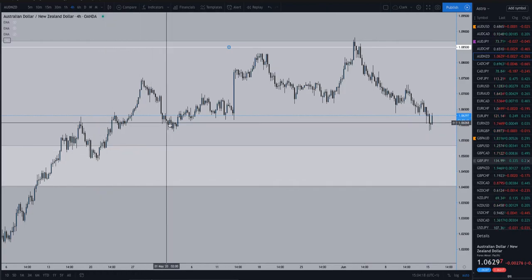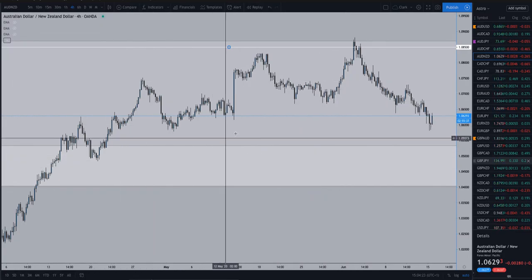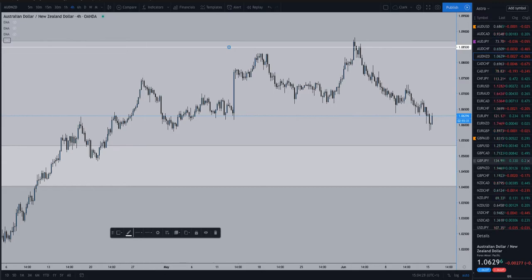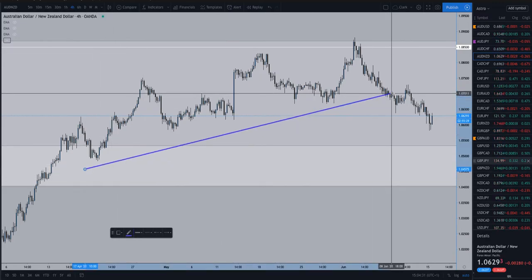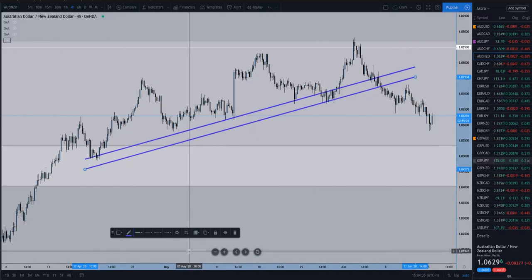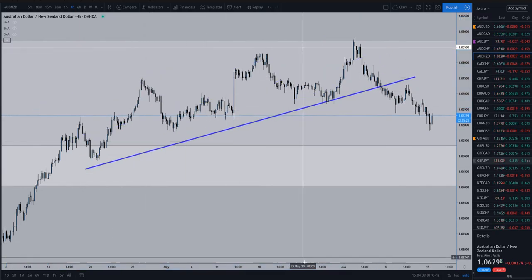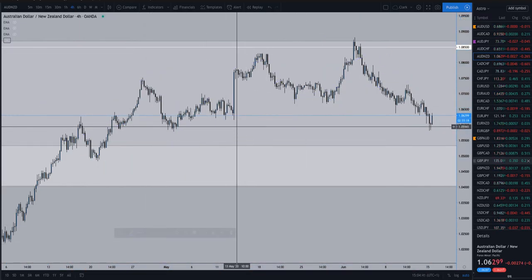Like I said, higher high, higher low, higher low, higher high, higher high. What's happened? What has happened is it's been broken, however you want to do it. That trend has been broken.